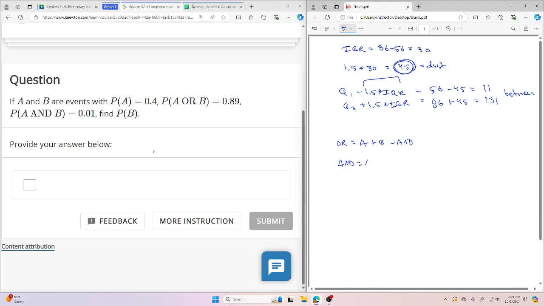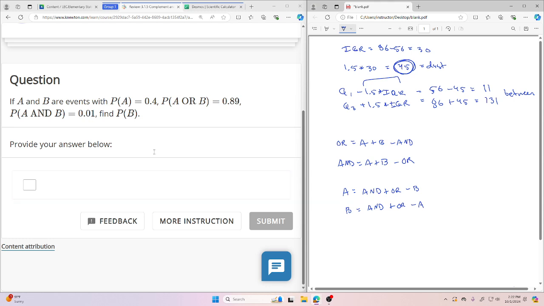So and is equal to A plus B minus or. So that's another option. If you want to get like A by itself, you would move everything else to the other side. And so A would equal the and plus the or minus the B. And the same thing with B, it would be the and plus the or minus the A. I believe that's all good.